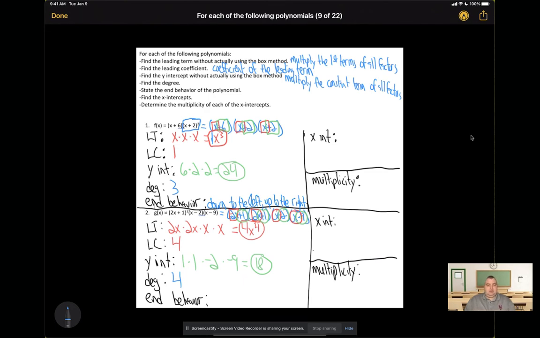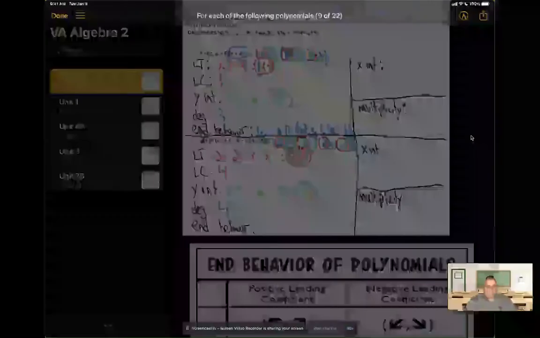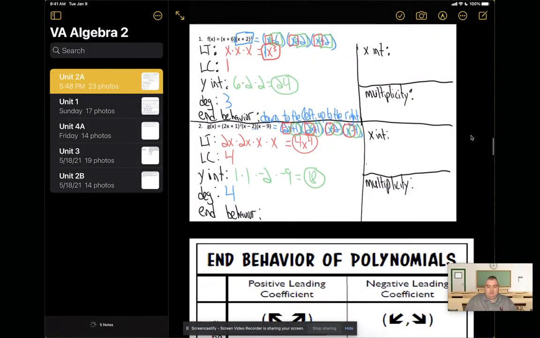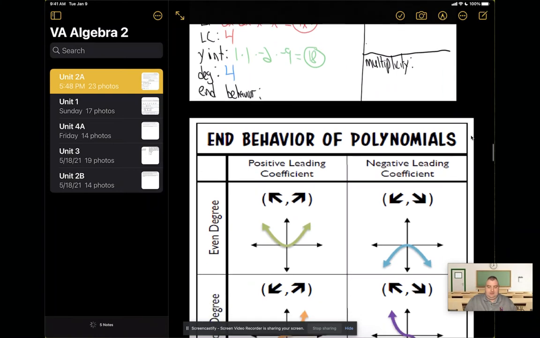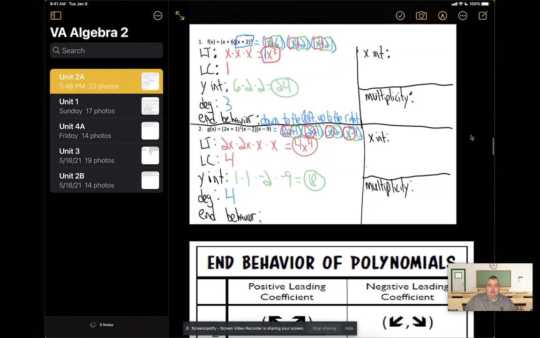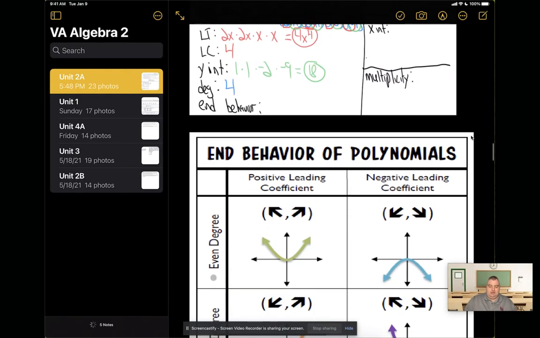Okay? For number two, my degree was 4. So that is an even degree. So that's this one right here. And my leading coefficient was also 4. So I have an even degree and a positive leading coefficient. So my end behavior is going to be this one right here.